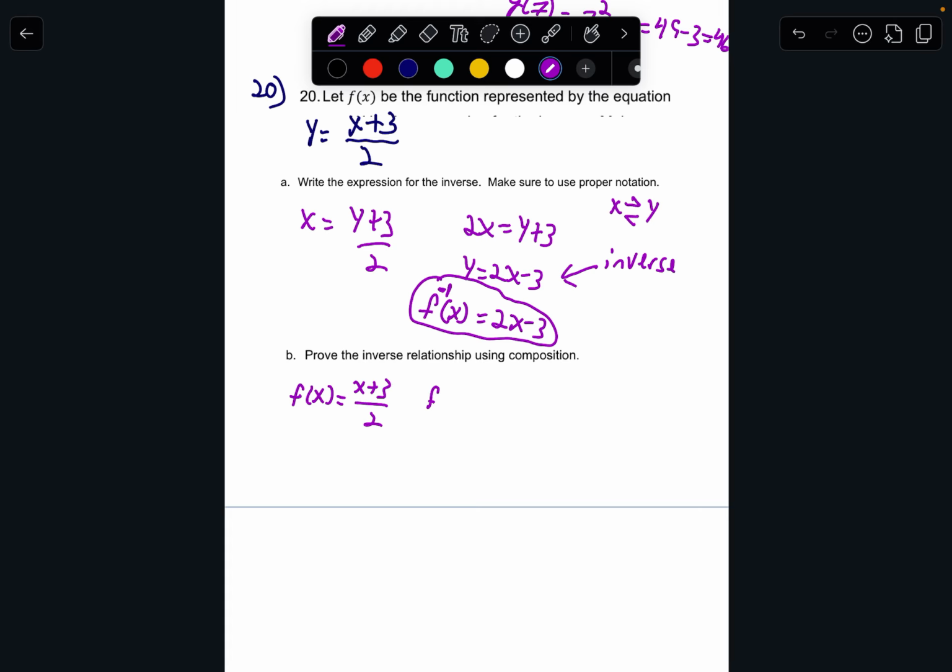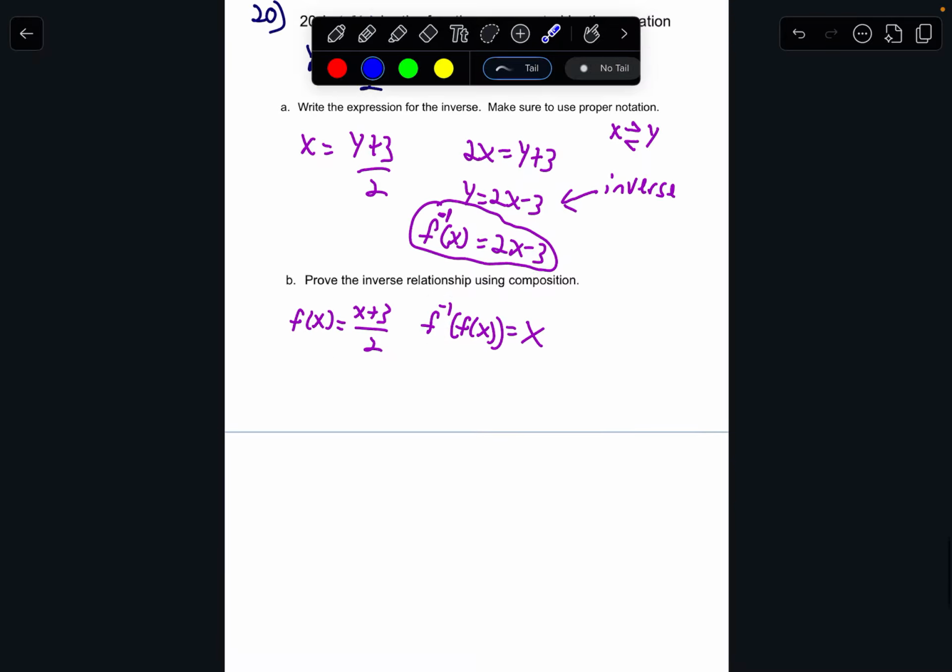So I'm going to do a composition, f inverse of f of x. If we do that, you're going to get x out if it's truly an inverse. Again, the little negative 1 is the inverse symbol. Again, this is extra credit, so I'm not going to beat a dead horse on this.